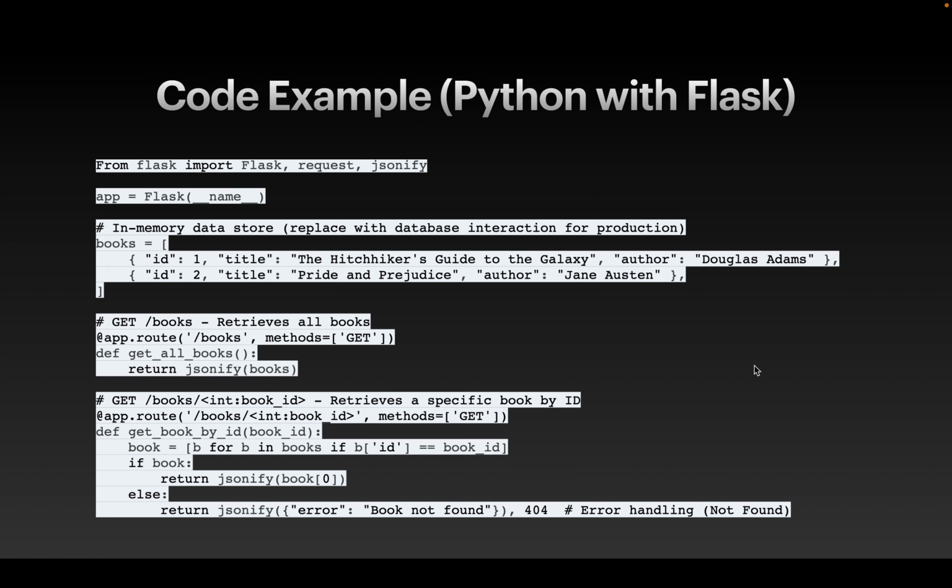And then I'm implementing a URL for books with a GET method that will give you all the books in JSON format. So my data format is JSON. Similarly, for a particular book ID, you can implement a GET method where you can retrieve a particular book, and you can also handle the case if the book is not available.